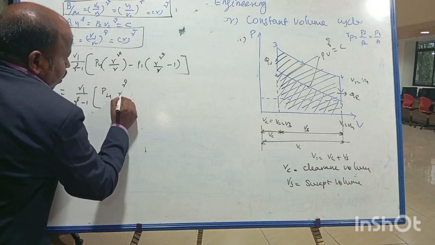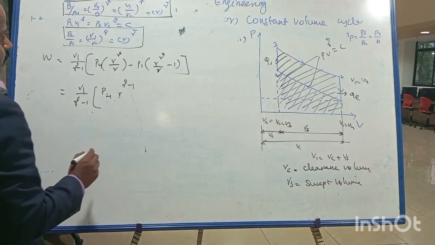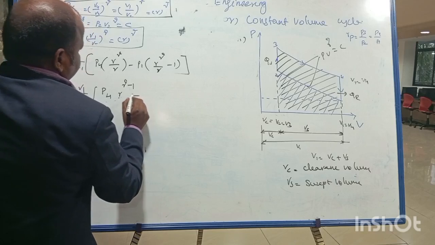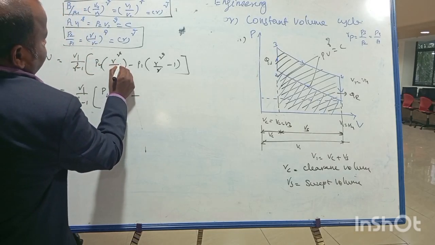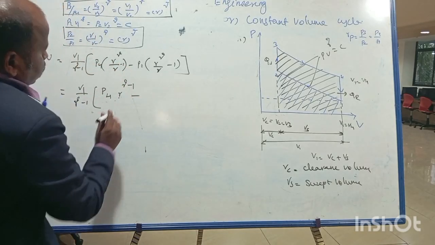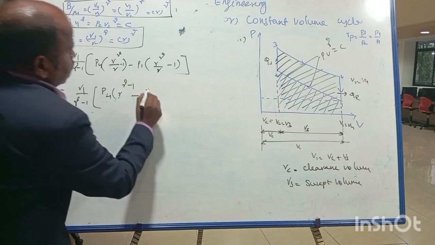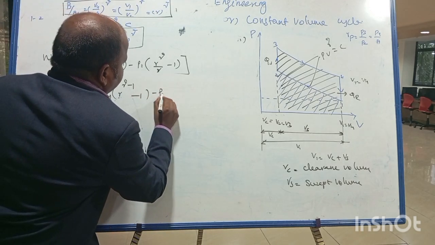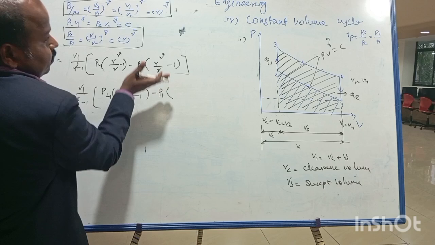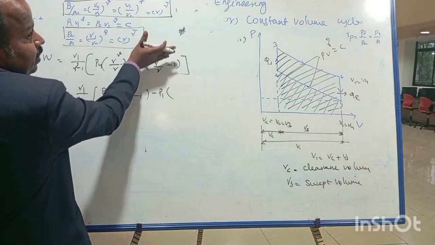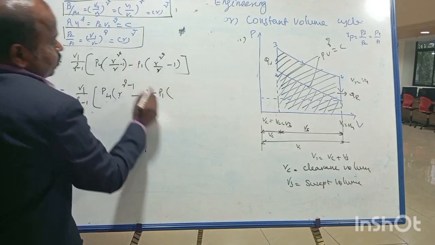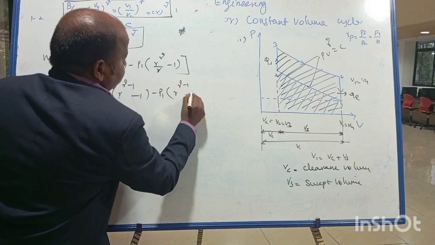So I am going to write R power gamma minus 1, minus, so here we have minus 1, right? Yes. So minus 1 minus P1 into this R, again it will come to the numerator, it becomes R power minus 1. So R power gamma minus 1 minus 1.